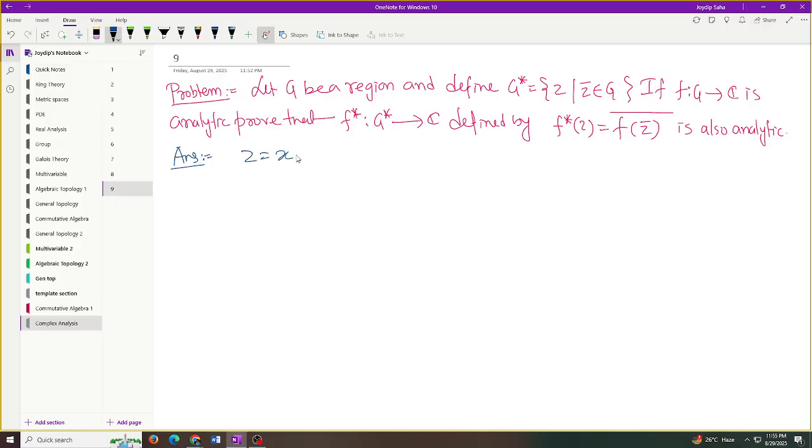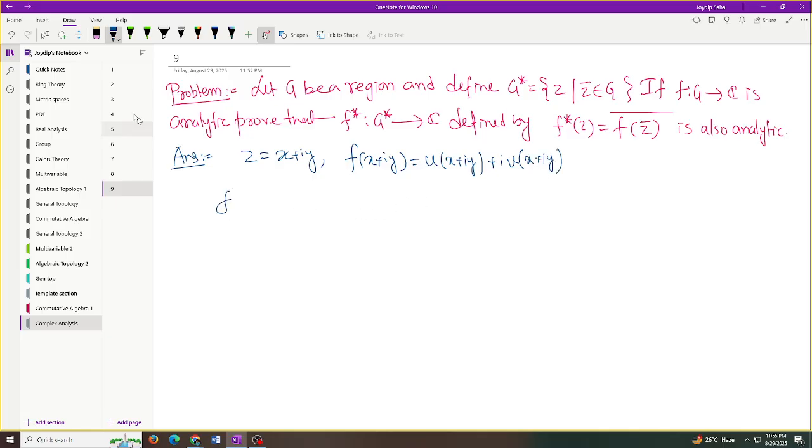Z equals x plus iy is in your chart. F of x plus iy equals u(x, y) plus i v(x, y).